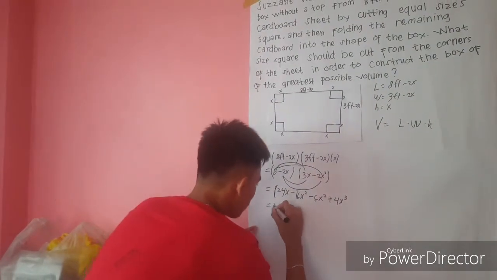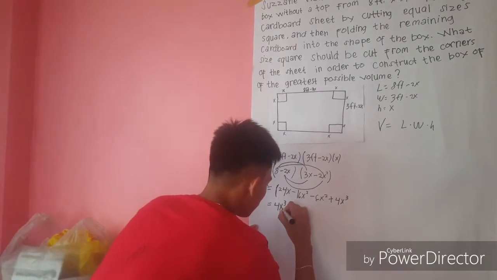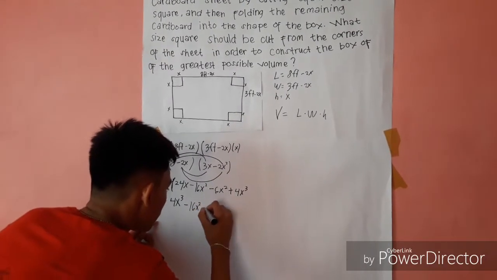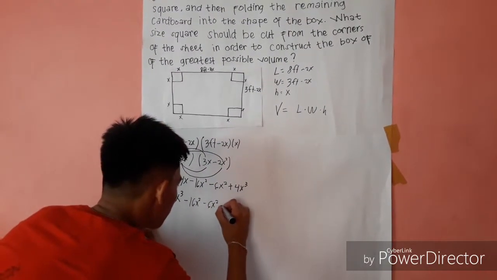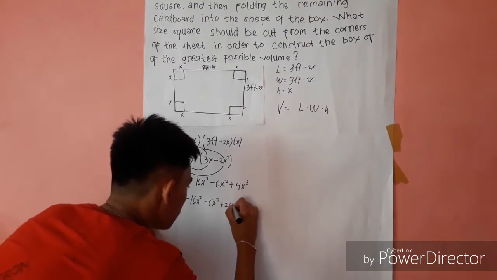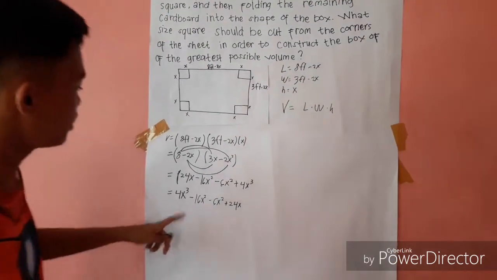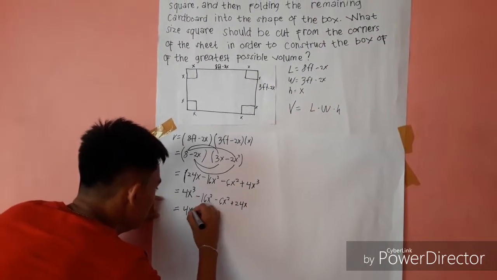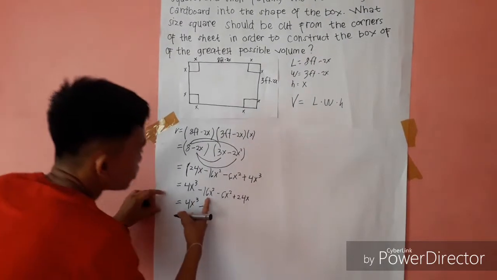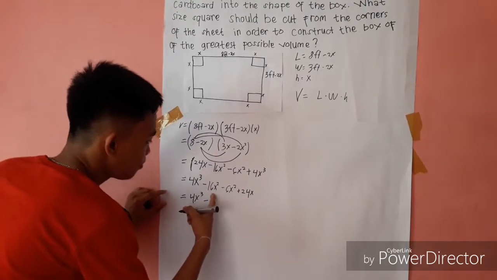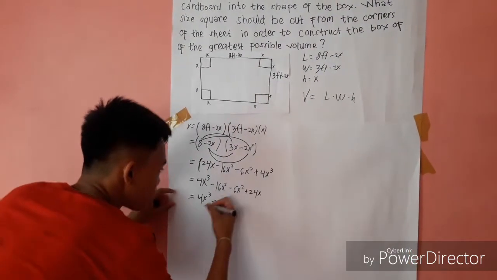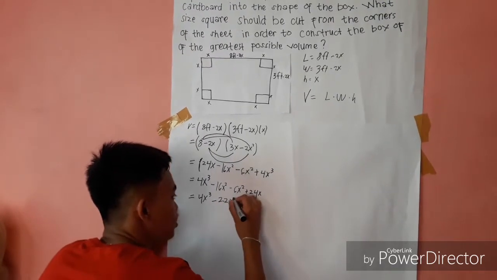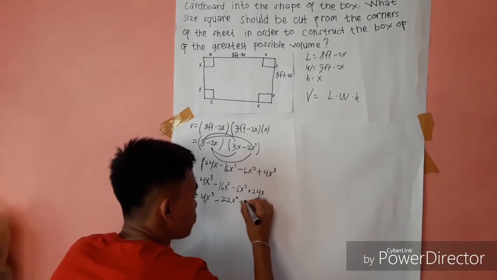So 4x cubed minus, we're gonna simplify this, and we have 4x cubed minus, simplify this because they have the same variable and the same exponent, so 22x squared, copy 24x.